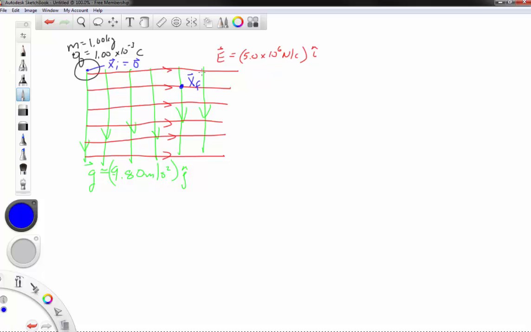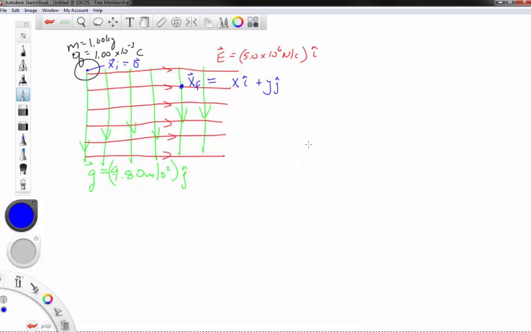This may not be to scale, x and y may not be to scale with each other. And what we want to know is where is x final. I'm going to represent this as x i hat, or x along the horizontal direction, plus y j hat, or y along the vertical direction.